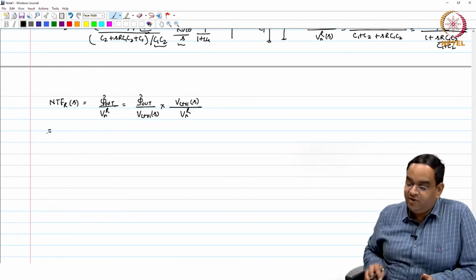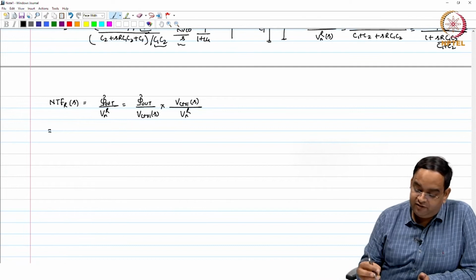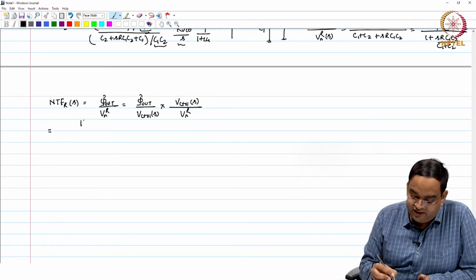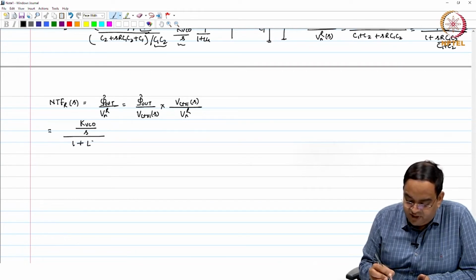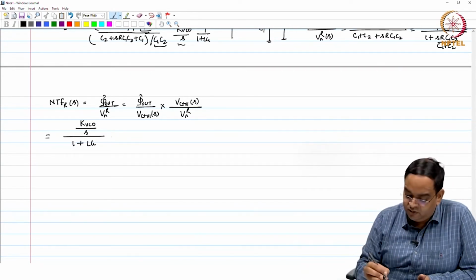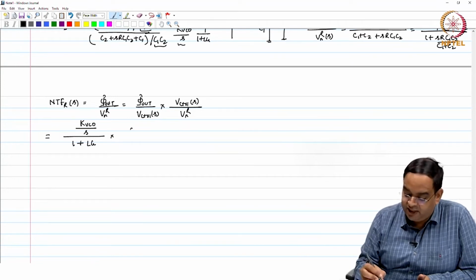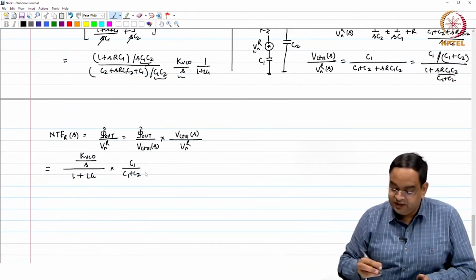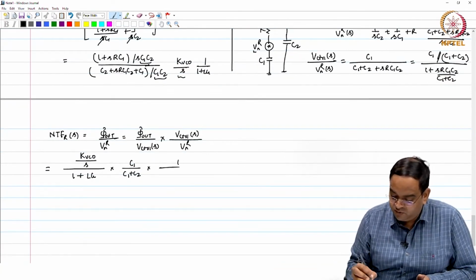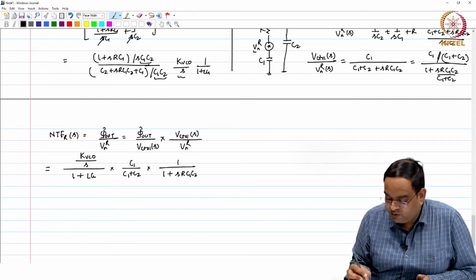The second term we just found, and the first term, phi out by V control of S, is going to be KVCO by S, this is the forward path gain, divided by 1 plus loop gain, into the other terms which we are getting from here, C1 by C1 plus C2 into 1 by 1 plus SR C1 C2 by C1 plus C2.